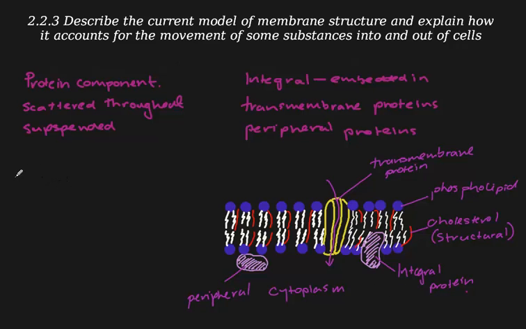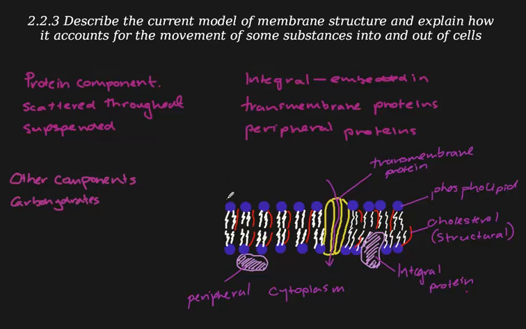So there are some other components involved within the cell membranes. These include some carbohydrates. Now carbohydrates play a role in cell recognition. Now there are a couple of different types of carbohydrates.